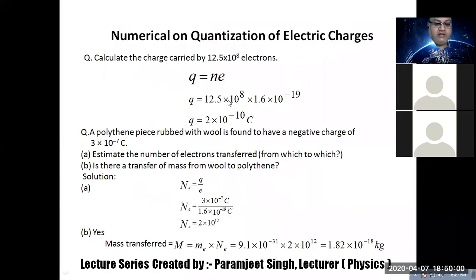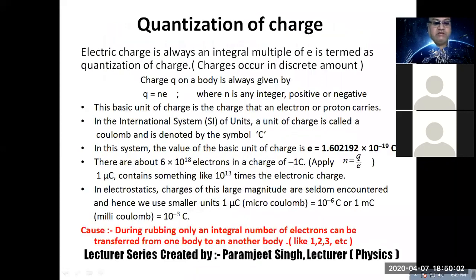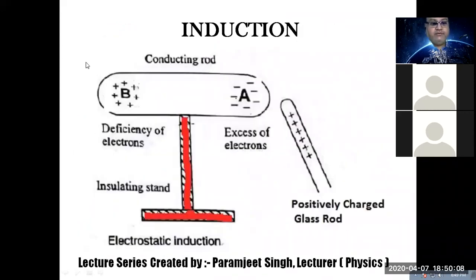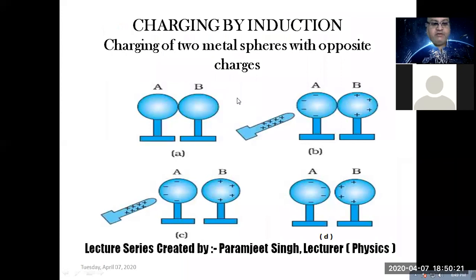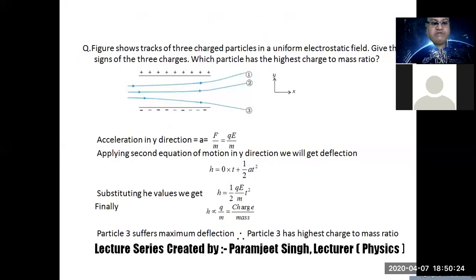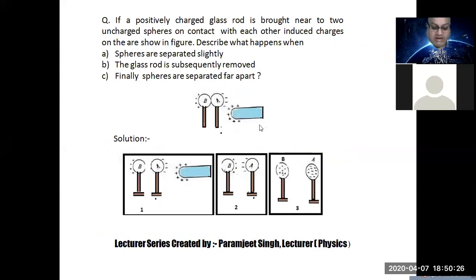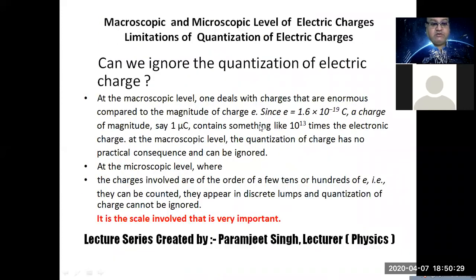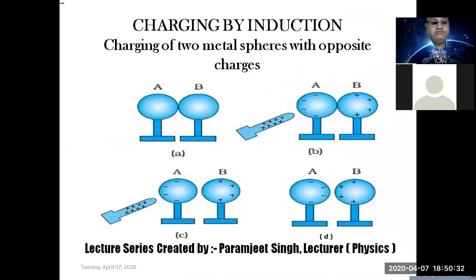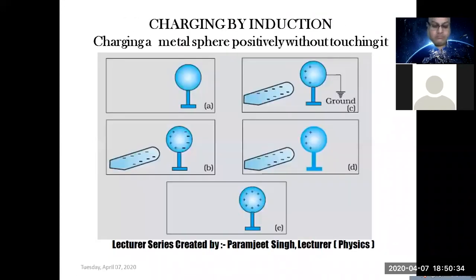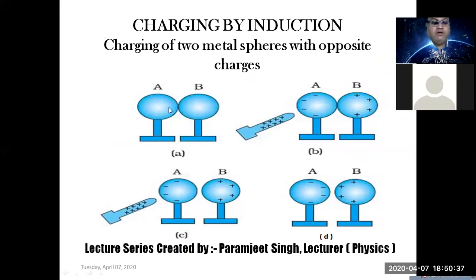See, I take you to the slide where we discussed induction. When you bring a positive glass rod near a conducting body, a metallic body, what happens? Shifting of electrons takes place. I have described it, so the same concept is being used here. We have also discussed two spheres in contact.